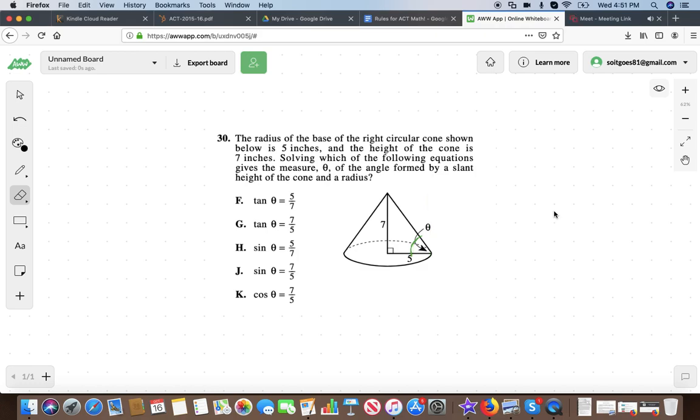Let me erase my markings here. 45 degrees is half of 90. Somewhat close to half. I would say that's a little bit bigger than half.